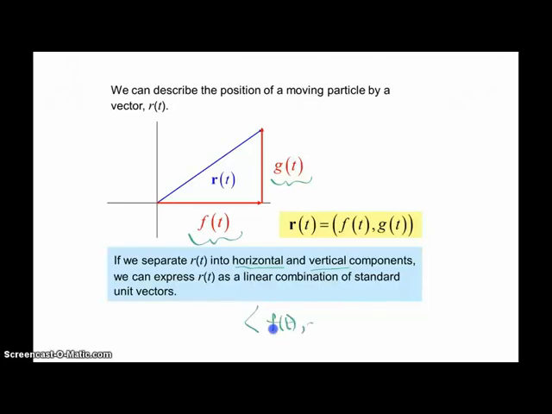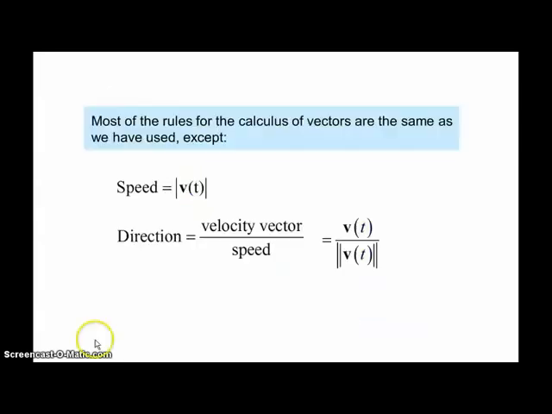So our vectors could also look something like this, and that's why it follows very closely what we did in parametrics. Most rules for calculus of vectors are the same as we have used for parametrics. These two are a little bit different, so make sure these go in your notes. Speed is the magnitude of velocity.